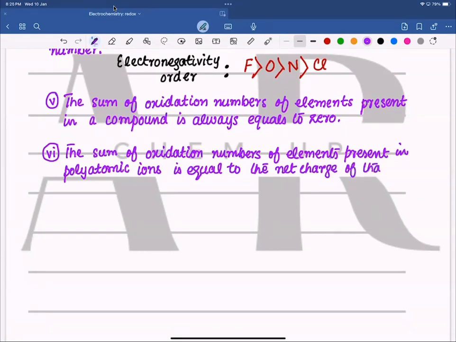Yeah, like hydroxide, OH negative, sulfate ion, SO4 2 negative, the ones which have more than one element in them and they possess some charge. So that charge is basically equal to the sum of the oxidation numbers of the elements present in that ion. Okay, sir. Thank you.